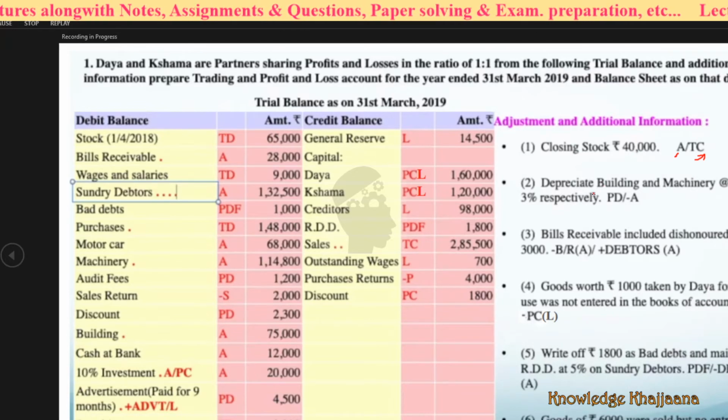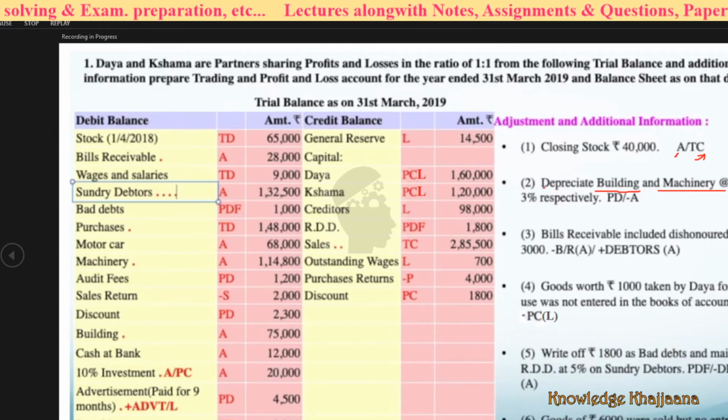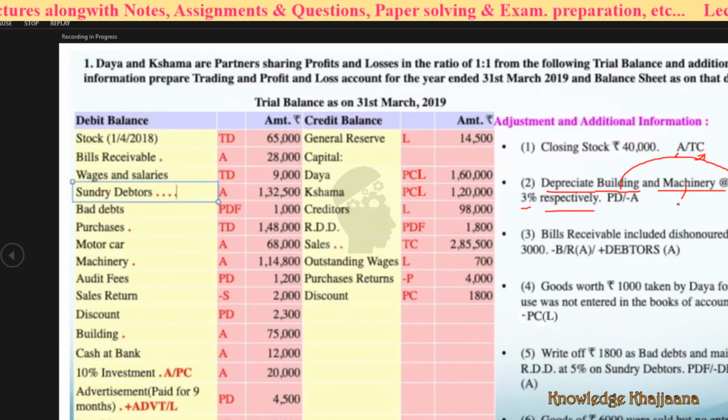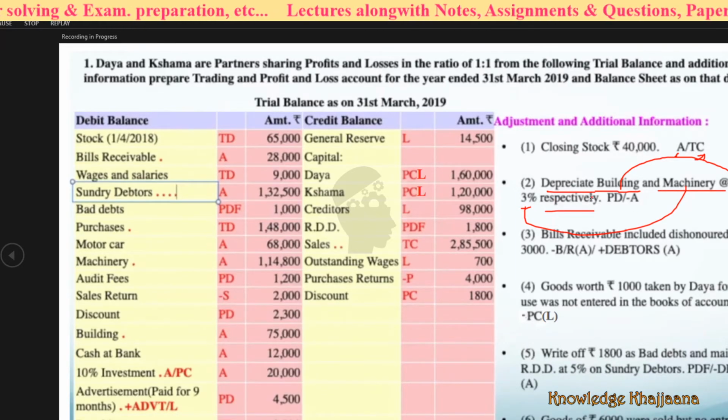Then depreciate building and machinery at the rate of 5% and 3% respectively. What does this mean? We have to depreciate building at 5% and machinery at 3%. So this is a depreciation. Where will we record the depreciation?